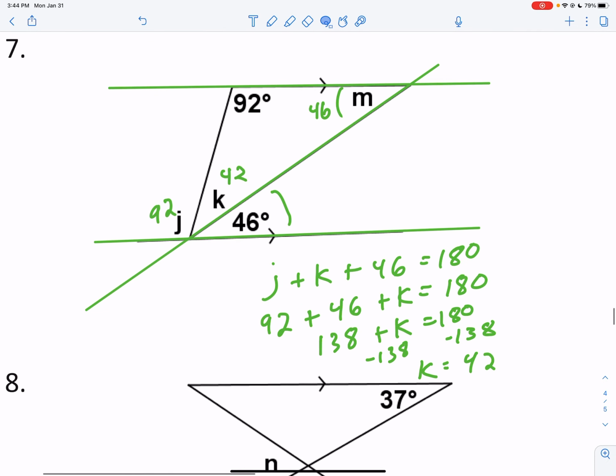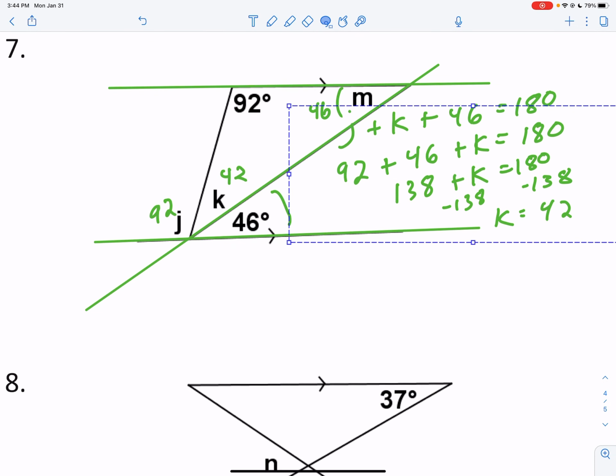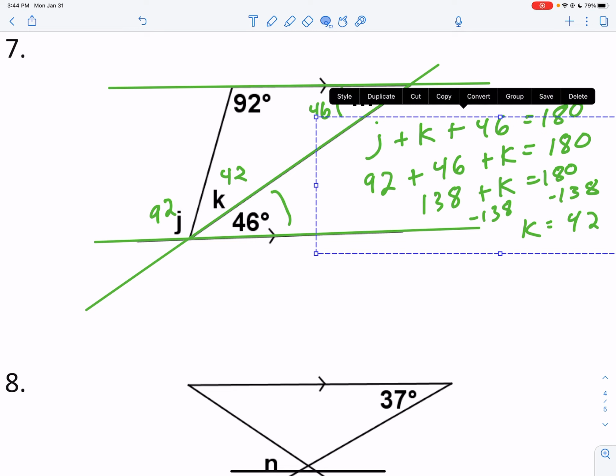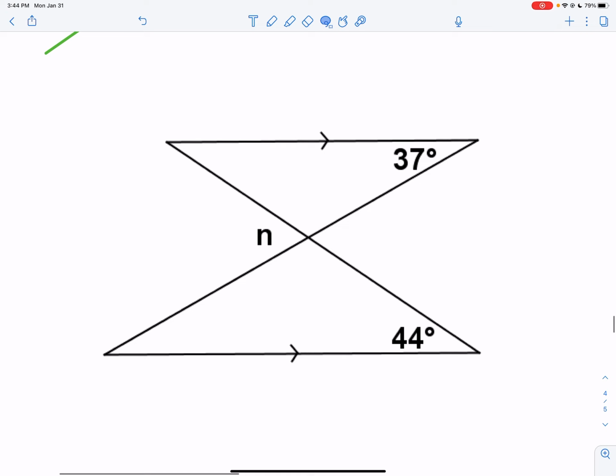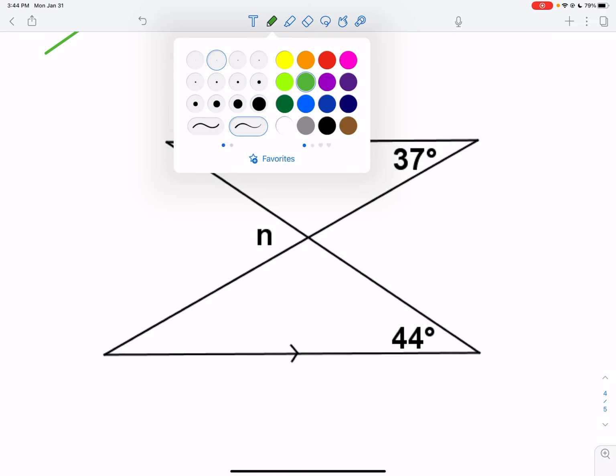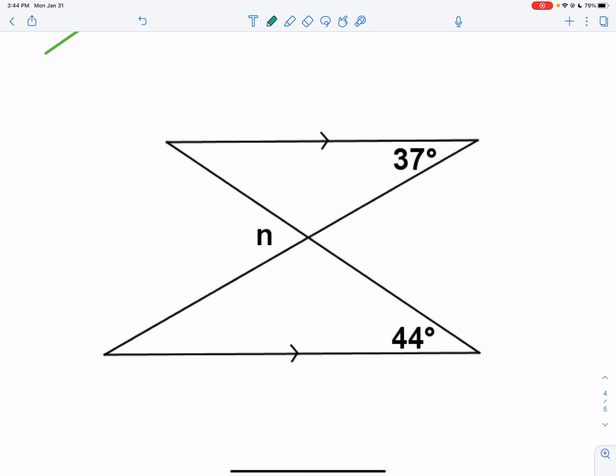So let me move this business up there just so I have it. And let's look at this one. I'm going to change colors because I really want to work with teal today. So let's just redraw these.